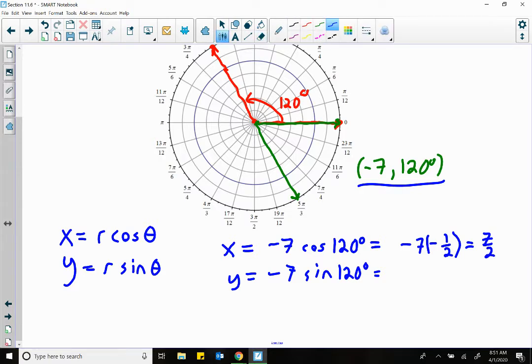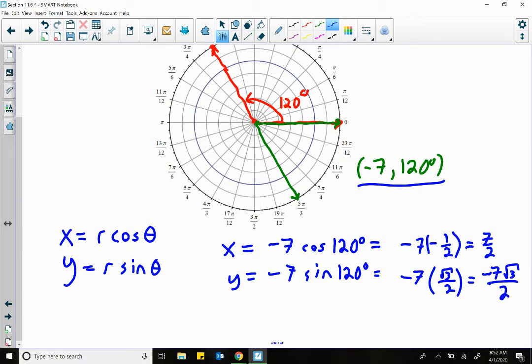And sine of 120 degrees equals square root of 3 over 2, which will give us -7 square roots of 3 over 2.